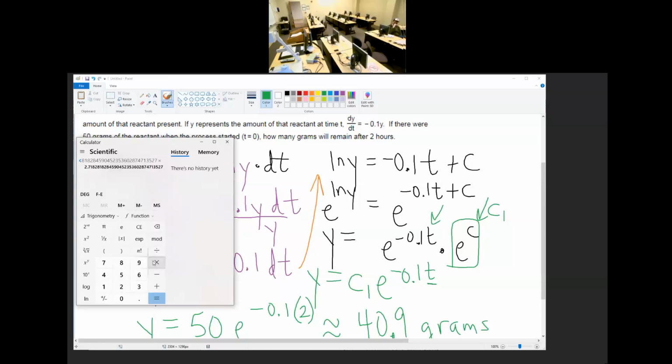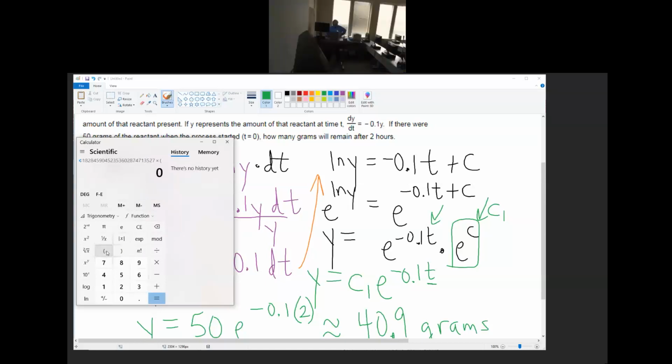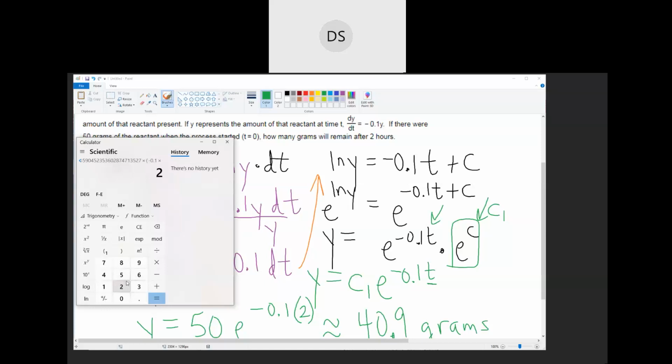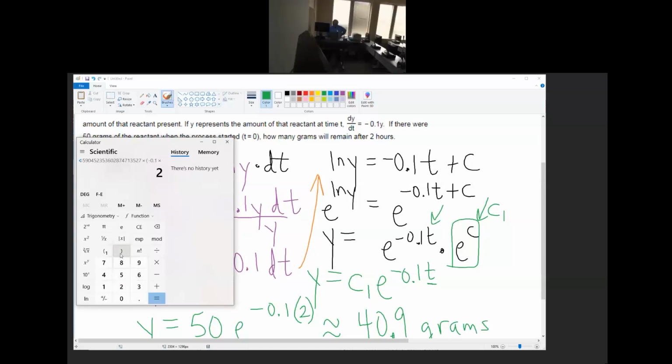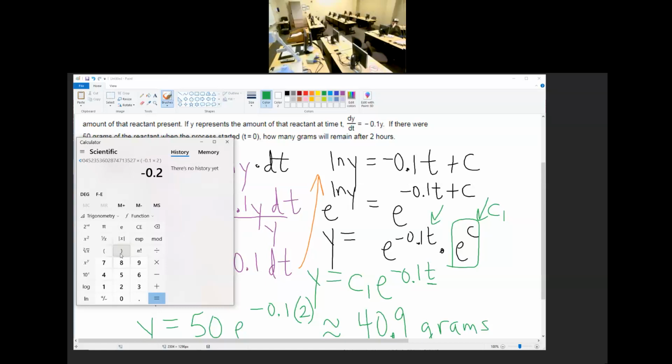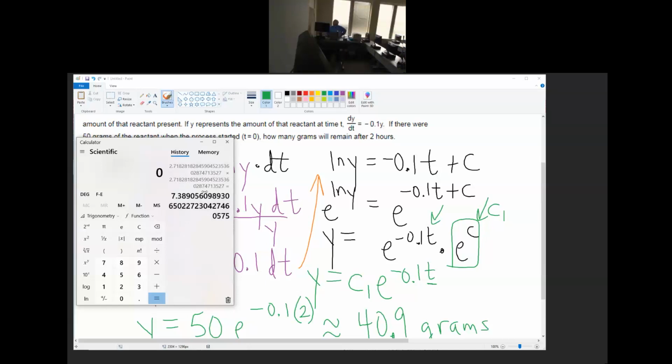Times 0.1 times, well, it's negative 2. 0.1. Okay. Yeah. Hold on, something tells me I did something really wrong.